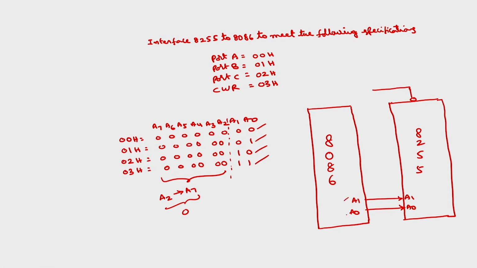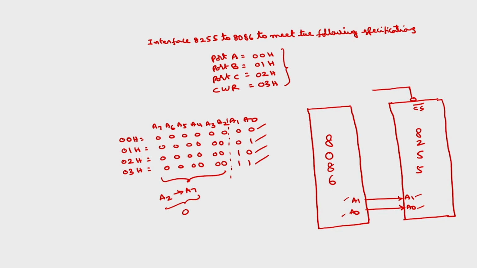Anyhow, I have connected A1 A0 to A1 A0, so that will select the ports and the control word register accordingly. Now using these address lines of the 8086, if I want to interface at this address, what hardware is required to generate the chip select of the 8255? Whenever these are all zeros, the output should be 0. If any one of the inputs is 1, the output should be 1.